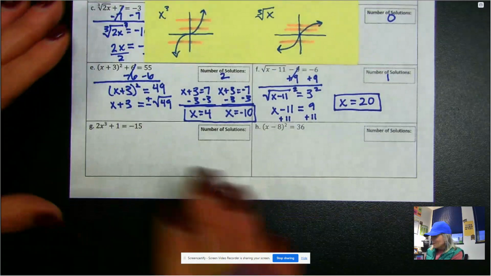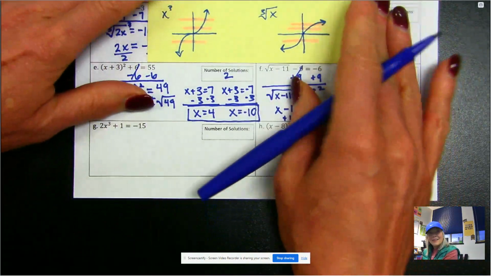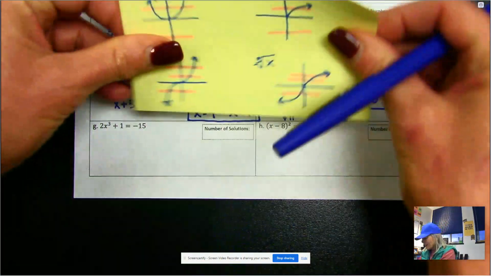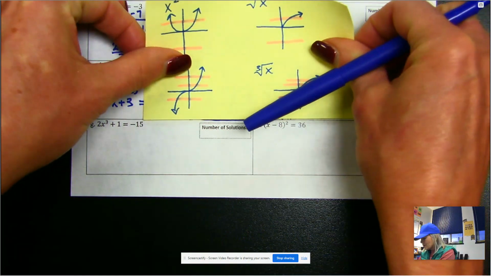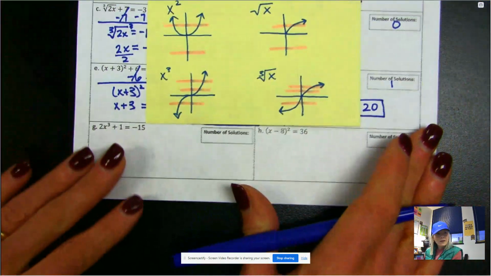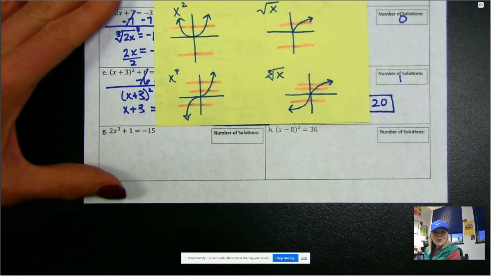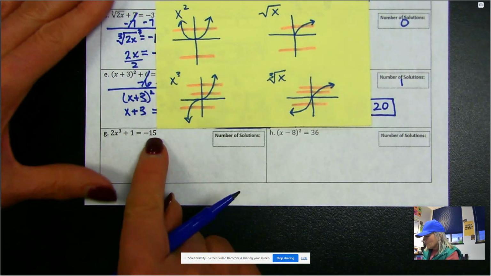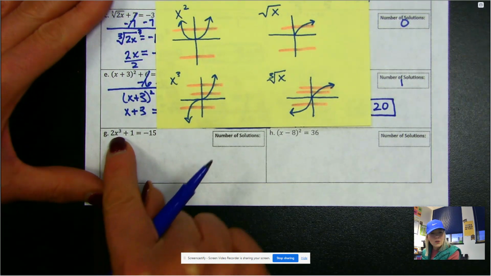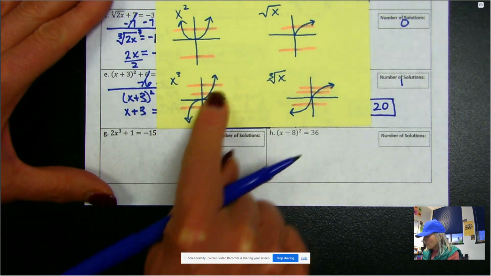All right, we're almost there. Let's look at the last 2 equations. So for G, 2x to the third plus 1 equals negative 15. So this is an x to the third equation. They always have 1 solution.